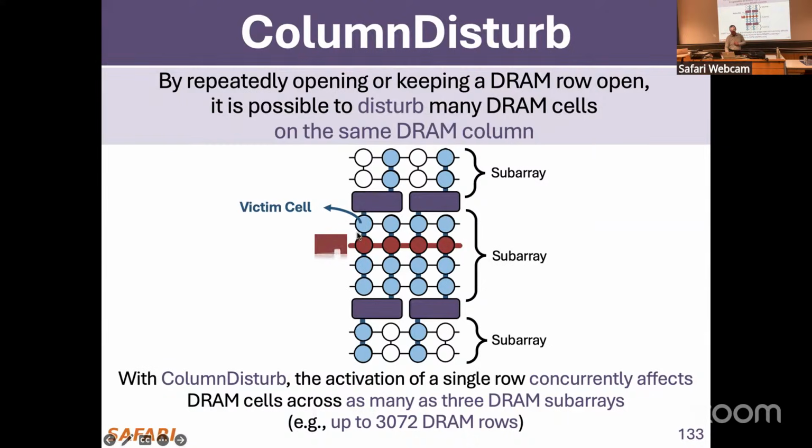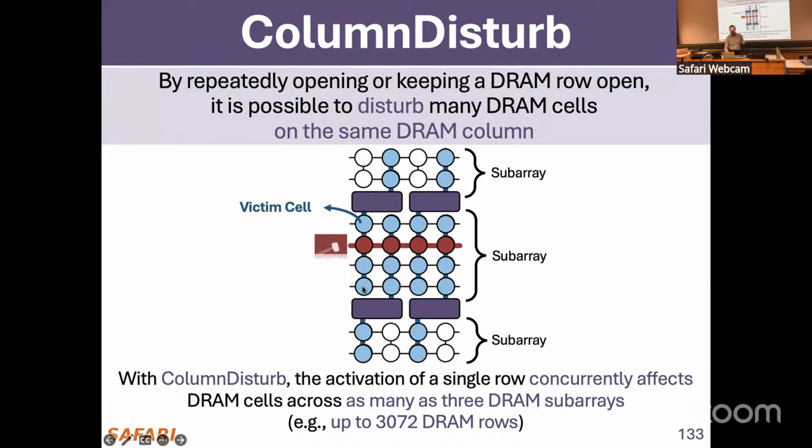But column disturb essentially says that whenever you're activating this entire row, you're perturbing all of these bit lines. You're perturbing this bit line because you need to sense the value over here. You're perturbing this bit line, you're perturbing this bit line, and there are other cells that are connected to that bit line, basically, and they get affected little by little. And also, some rows in the other subarray get affected because they're also weakly connected but still connected.